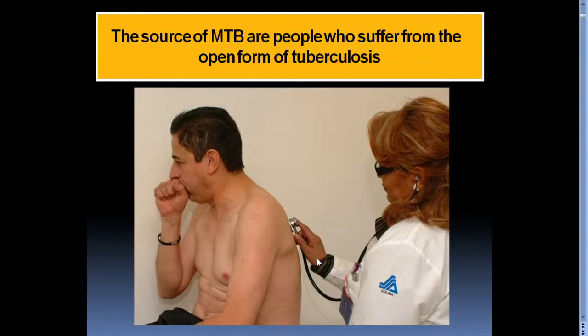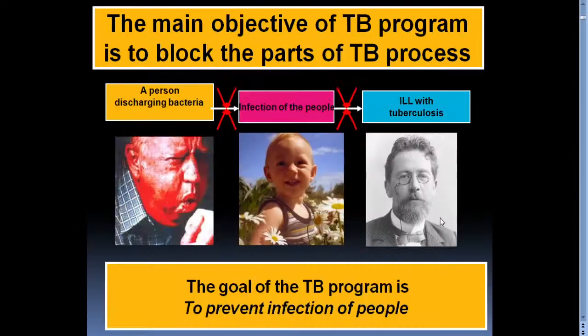The main source of Mycobacterium tuberculosis are people who suffer from the open form of tuberculosis and who discharge bacteria. The main objective of the TB program is to block the paths of the TB process.